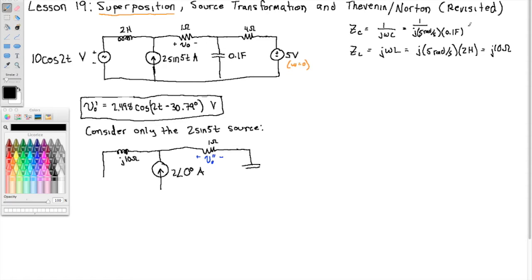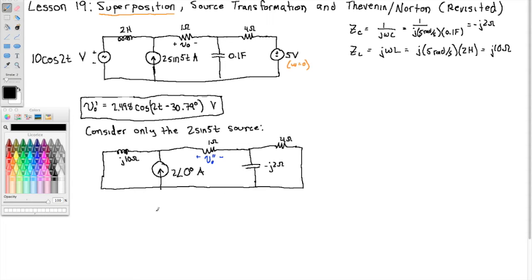Right, so bring the j up, this makes minus j2 ohms. Minus j2 ohms. The 4 ohm resistor doesn't change. And then again, the voltage source turned off is a short circuit. So now we're looking for V0 double prime.